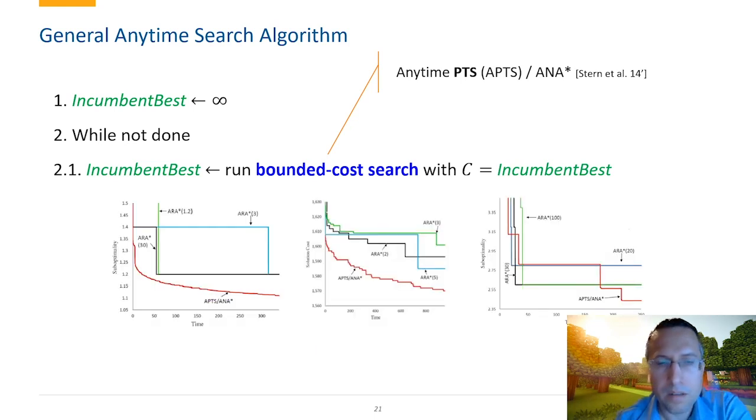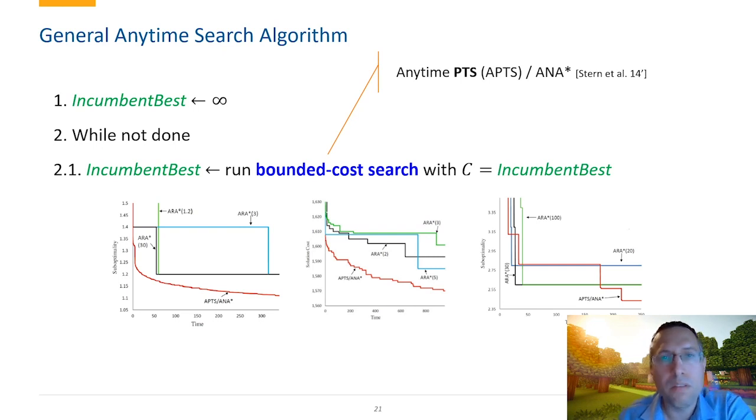The results are shown in these three plots. The x-axis is the time, and the y-axis is solution quality. As you can see, anytime potential search is not always the best algorithm, but it provides a very anytime behavior. That is, it provides fast changes to the incumbent, which is arguably a desired behavior for anytime algorithms, as they do not know when they will be halted.